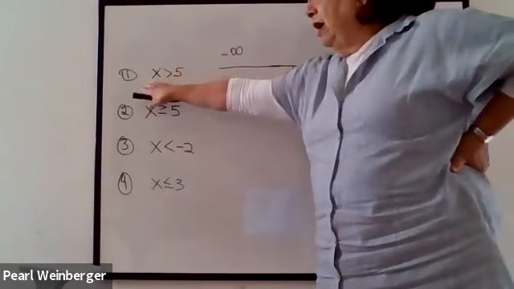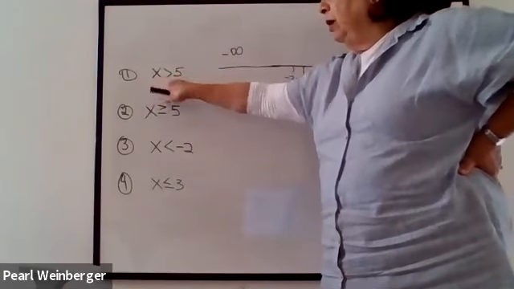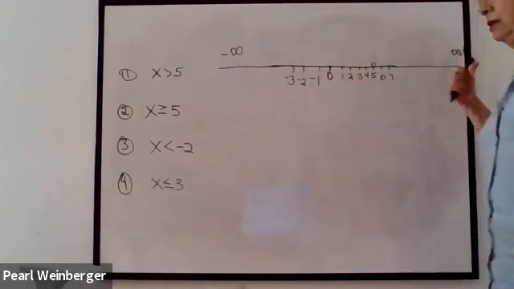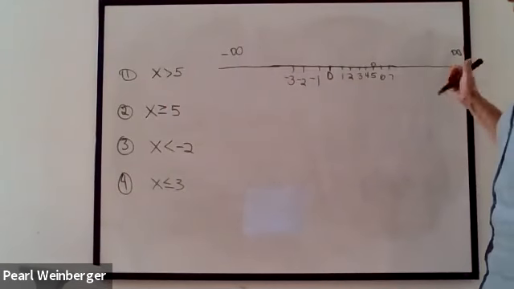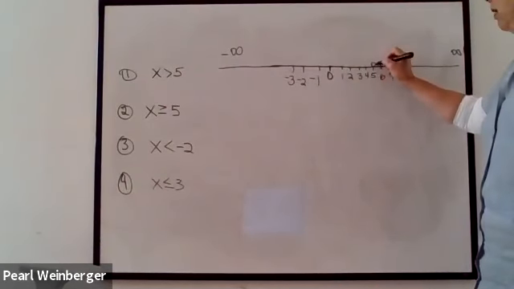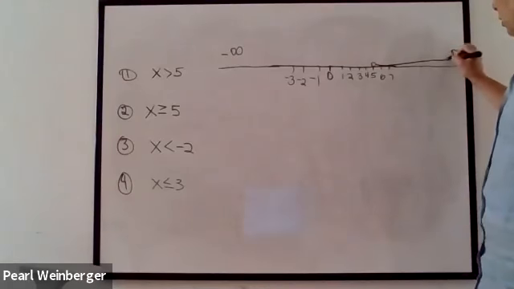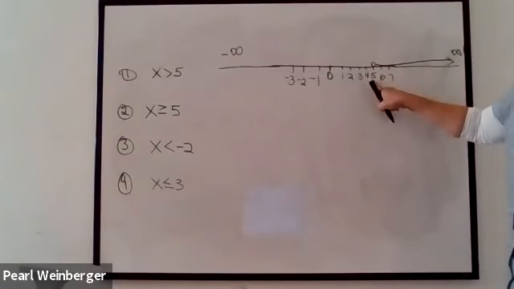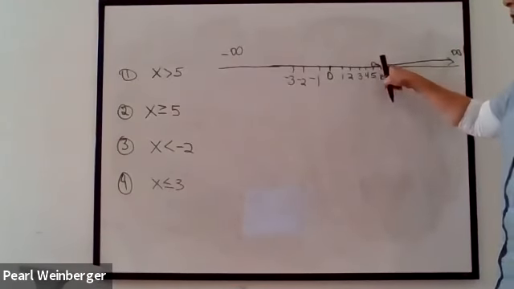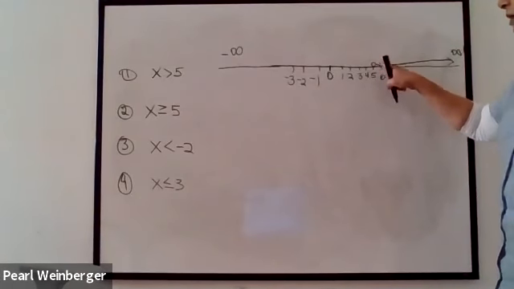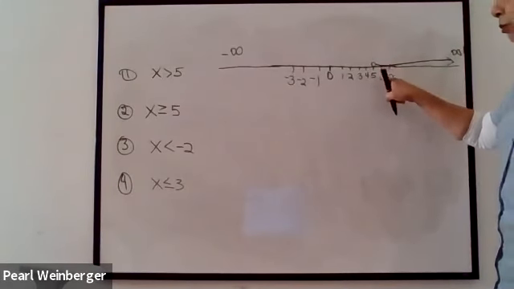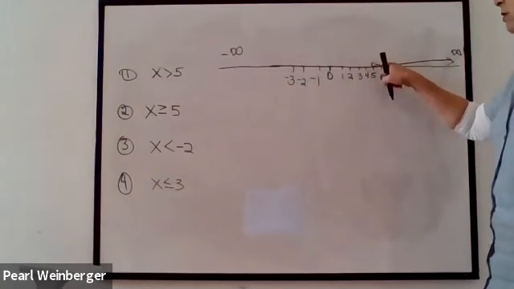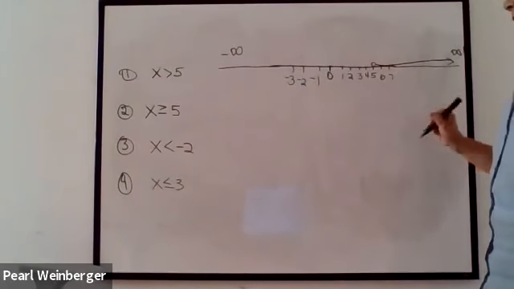Again, I have to have the x first. X greater than 5 means x is to the right. It means it's to the right of 5. So we make our arrow going to the right. Notice at the 5, I made an open circle. That's to indicate that the 5 is not included. It means starting just beyond the 5.